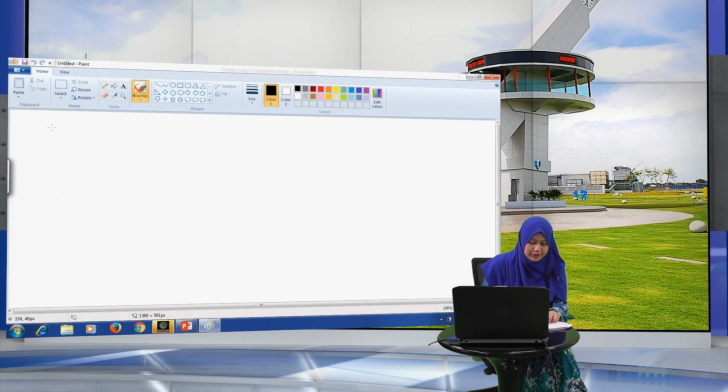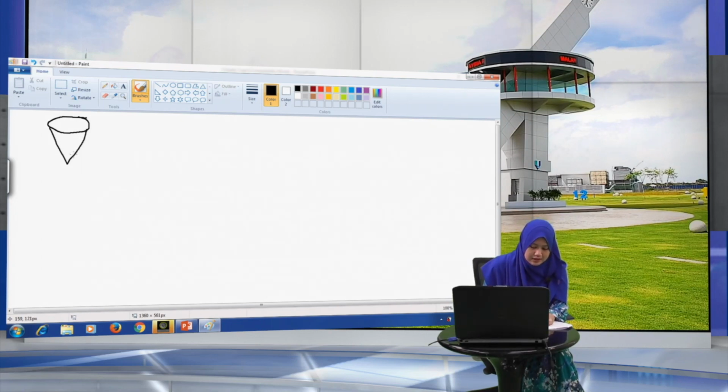Okay, the key point here is a cone, a conical paper cup. So let's sketch the cone. The dimension is 2 cm for the radius, so we have radius 2 cm, and 8 cm for the height.